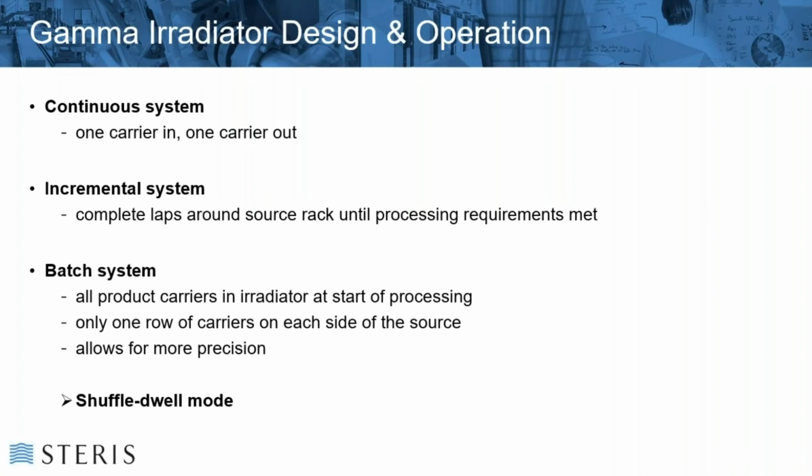The operational modes of processing. So we have continuous systems, incremental systems, and batch systems. For a continuous system, as we already saw a little bit, you would see one carrier go in, one carrier go out. It would hit every pass. Incremental dose systems are different, whereas they complete laps around the source rack until processing requirements are met.